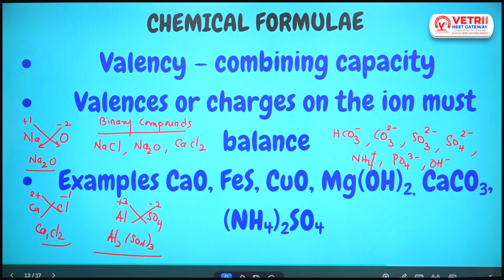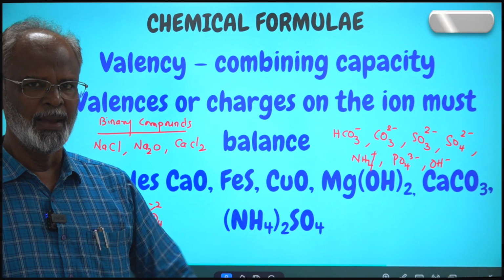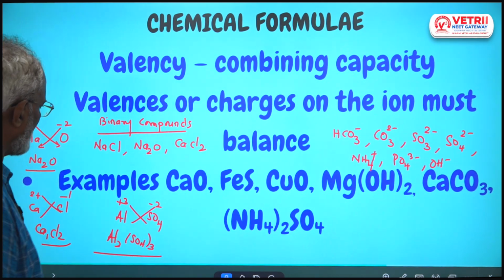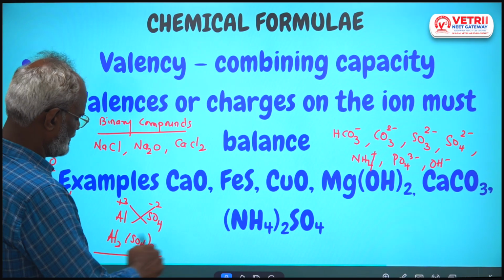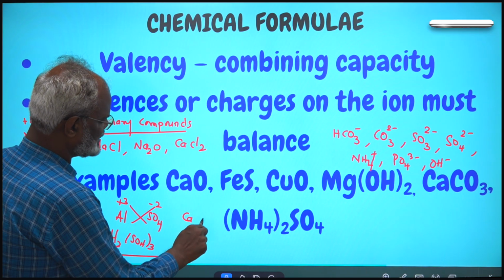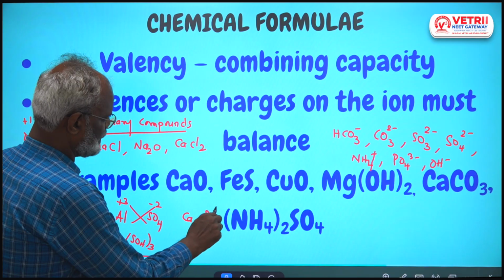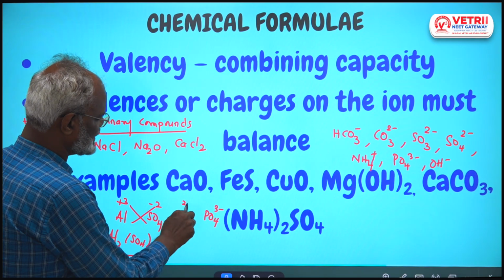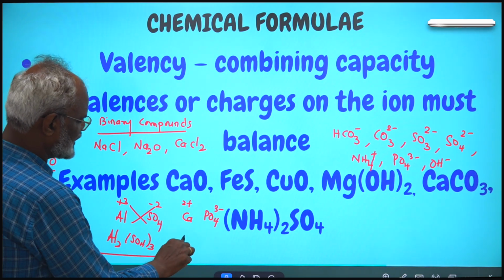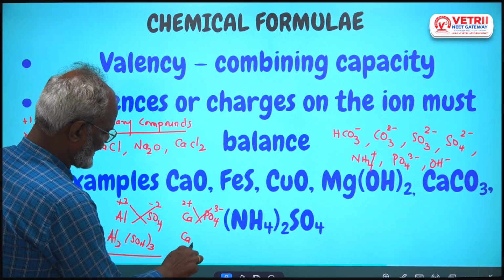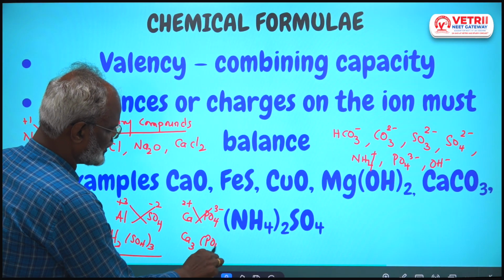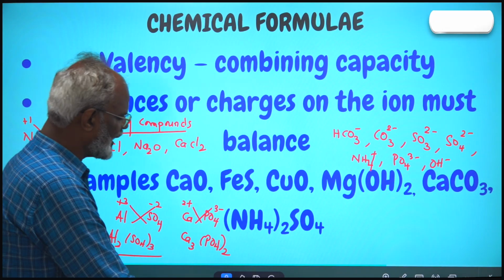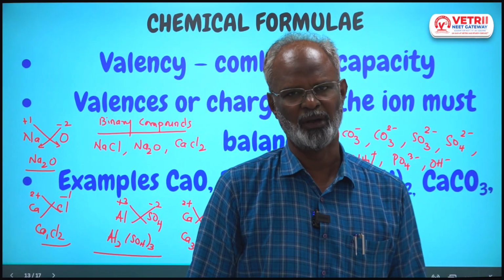If you cross multiply, the valencies will clearly balance. Then you have calcium phosphate. PO4 3 minus, calcium 2 plus. Cross this, so it will become Ca3(PO4)2.